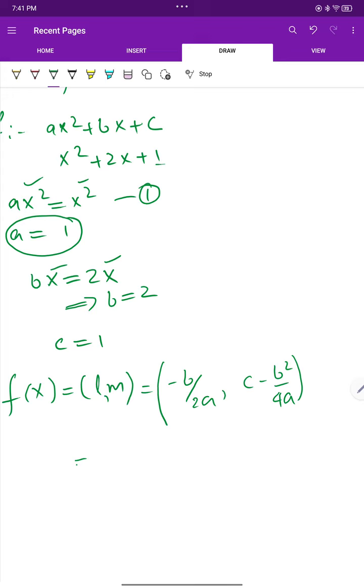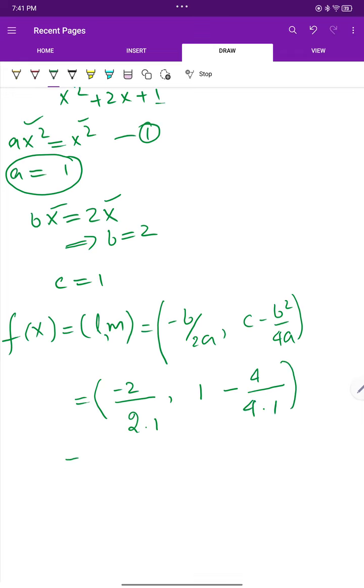Now we put the values in. b is equal to 2, so −2 divided by 2 times a, and a is equal to 1, so 2 multiplied by 1. Another is c equal to 1, b is 2 so b² is 4, and a is also 1, so 4 into 1.